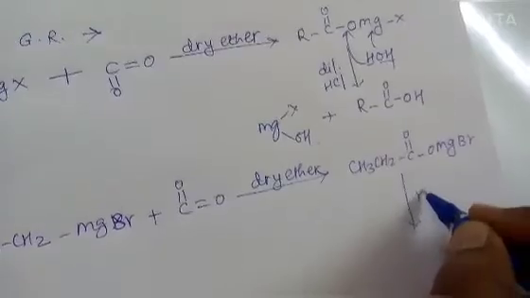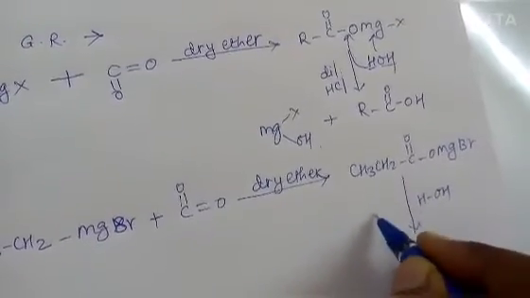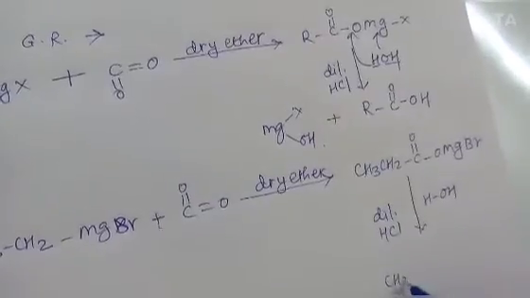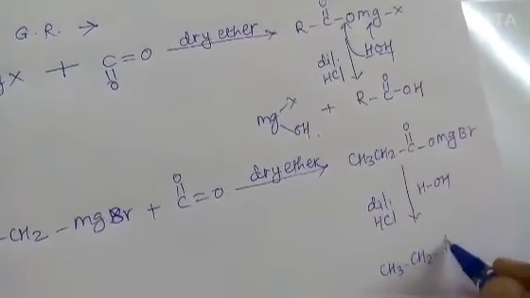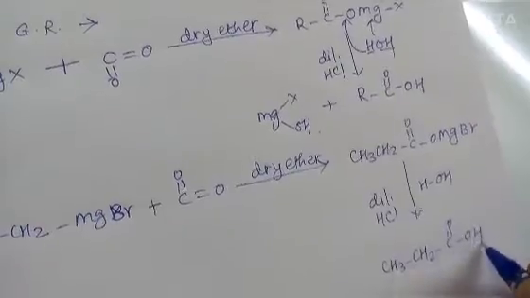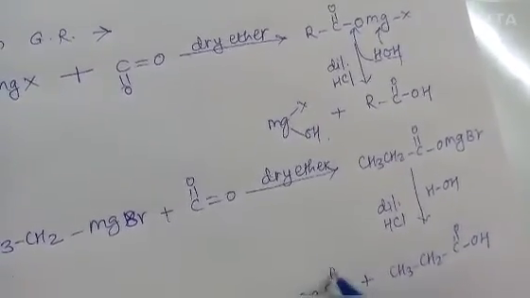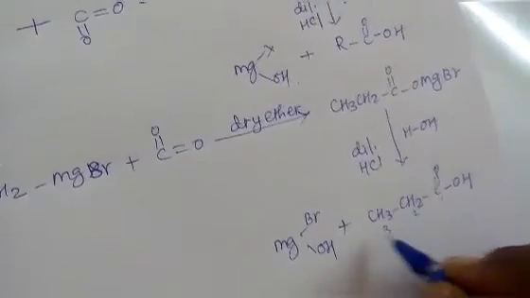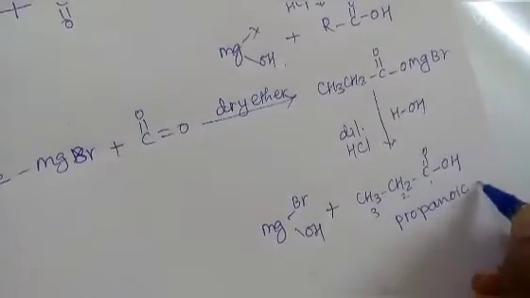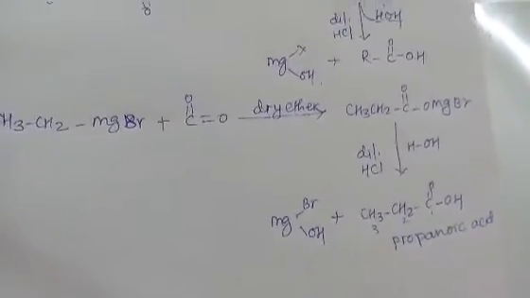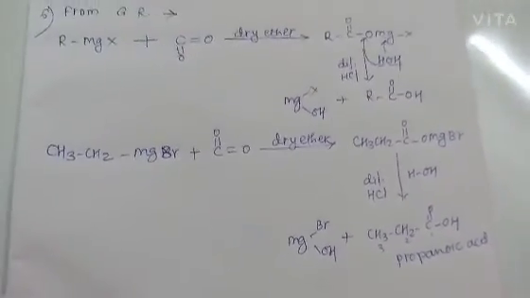Further this goes on hydrolysis, it forms CH3CH2 C double bond O OH plus MgBrOH. This is propionic acid.